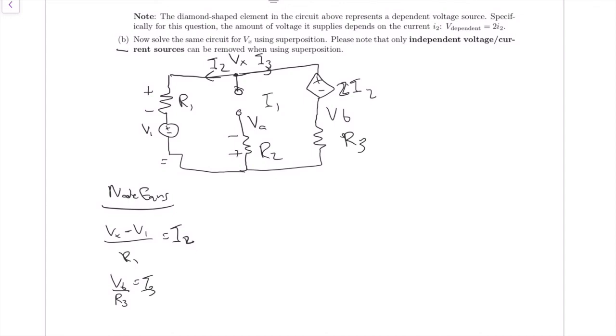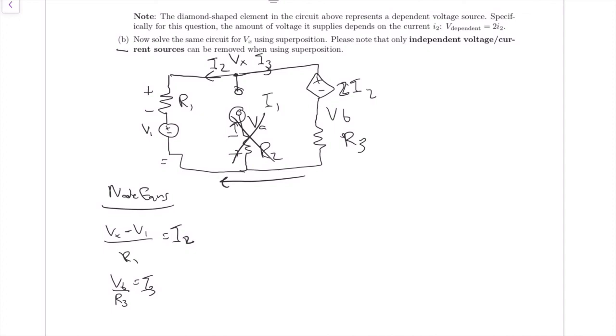So we can no longer write anything for right here, because there's going to be no current that goes here. And the reason why there's no current is because there's an open circuit here. So once the current would reach here, there would be nowhere for it to go. So all the current is actually just going to go through this bottom wire. And so that's why we can basically completely ignore this part and then find Vx.